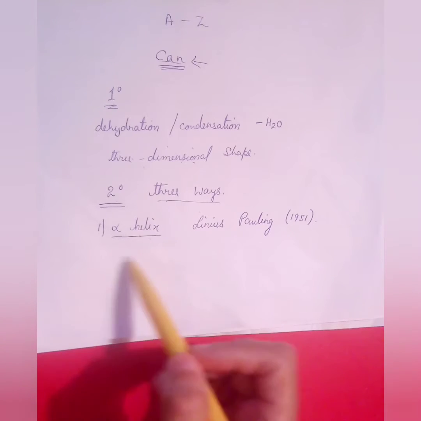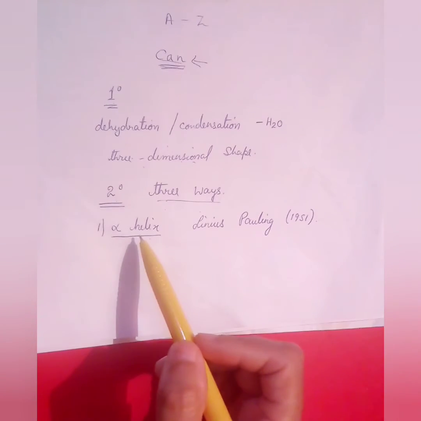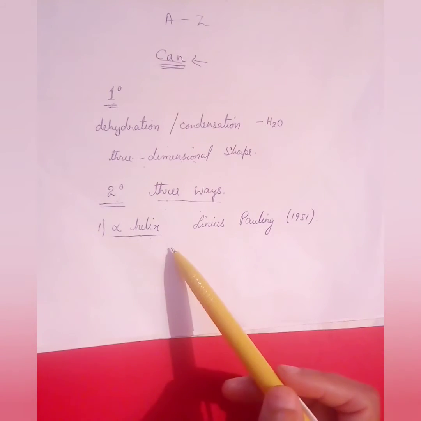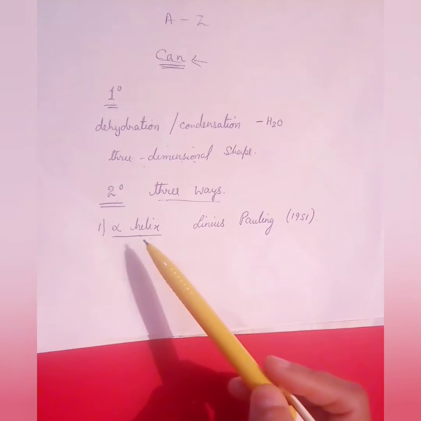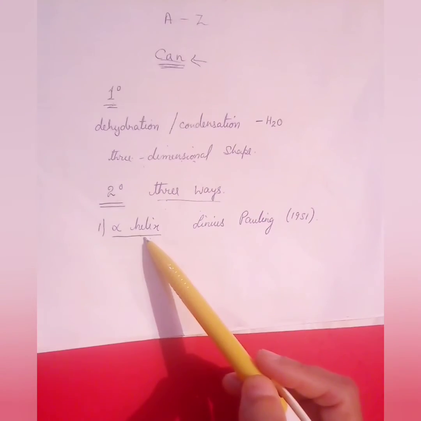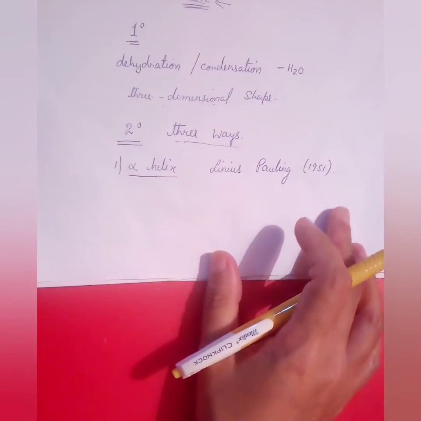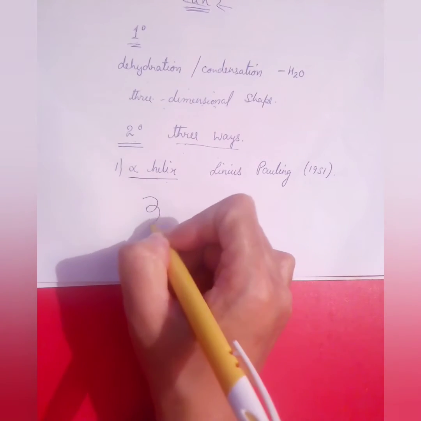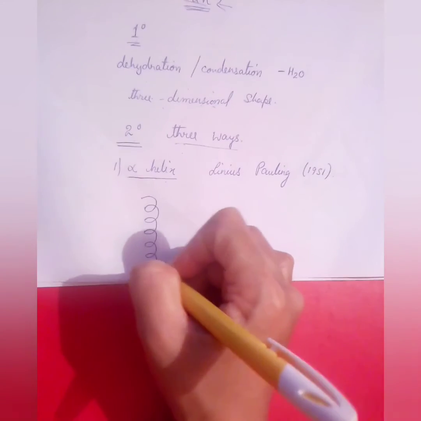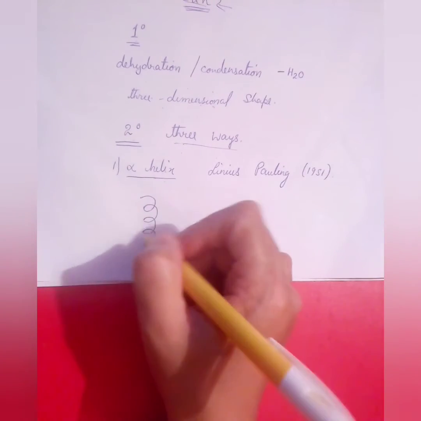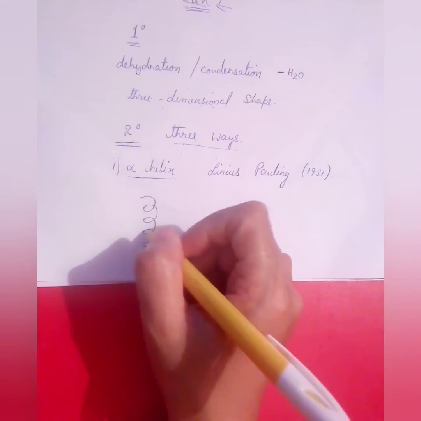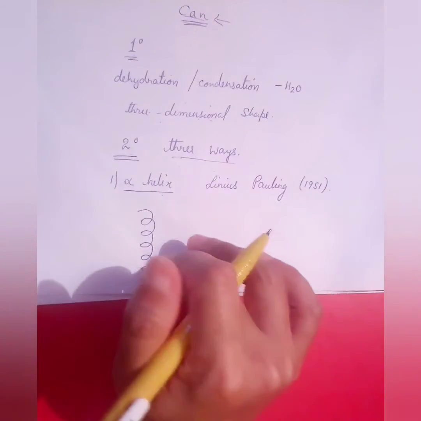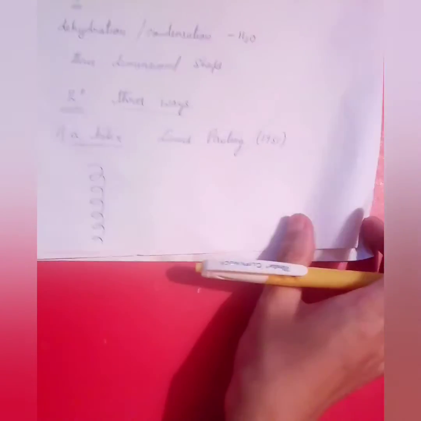And this alpha helix is the most commonly observed protein secondary structure. So among the secondary structures, the alpha helix is the most common one. It is just like a spring, a right-handed coiled spring.